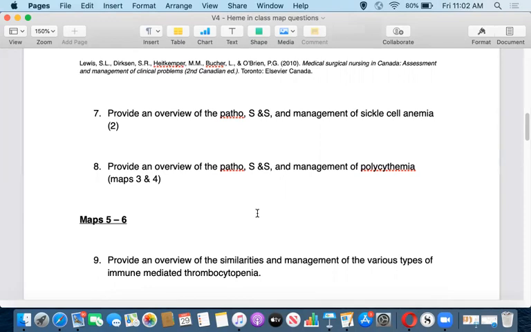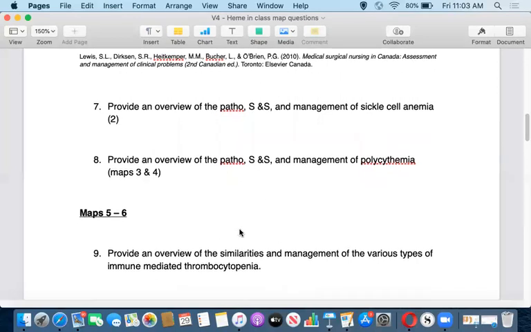So it's some kind of immune system response that is causing our platelets to drop. We're going to look at a few different types of immune-related thrombocytopenia. The one theme that ties all 3 different kinds together in question 9 is that it's an immune response triggered by different things, but at the end of the day, it's an immune response. So let's see what's written here then.